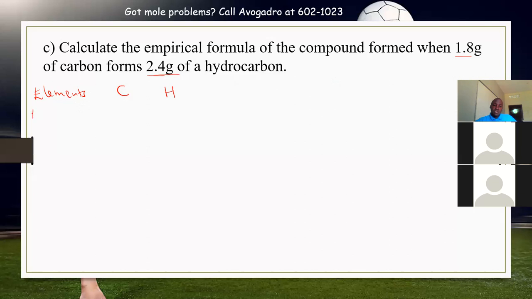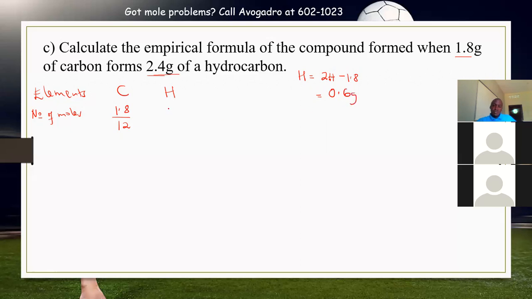So if we shall be finding the number of moles, we know that our carbon, the mass is 1.8 grams divided by the Rfm of carbon, which is 12. Then we shall need to show the working for our hydrogen. We shall need to get the mass of the hydrogen, 2.4 minus 1.8, which is 0.6 grams.